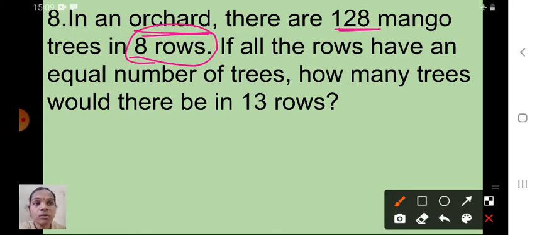If all the rows have an equal number of trees, how many trees would there be in 13 rows? Orchard means many fruit trees are there. That we have to find.